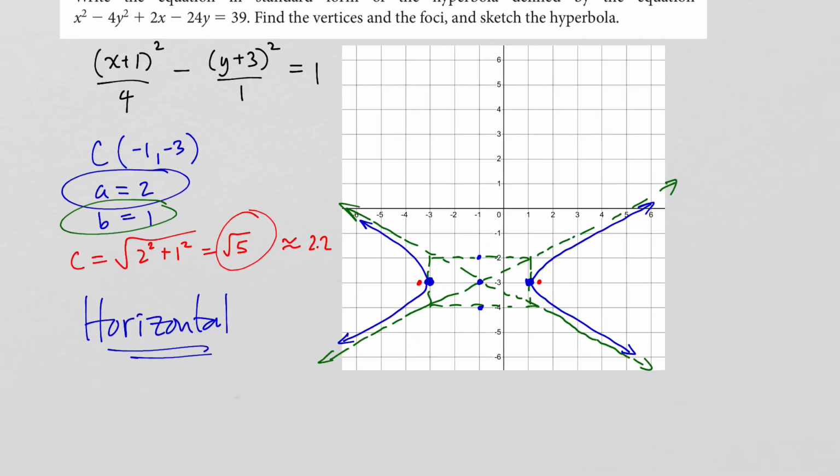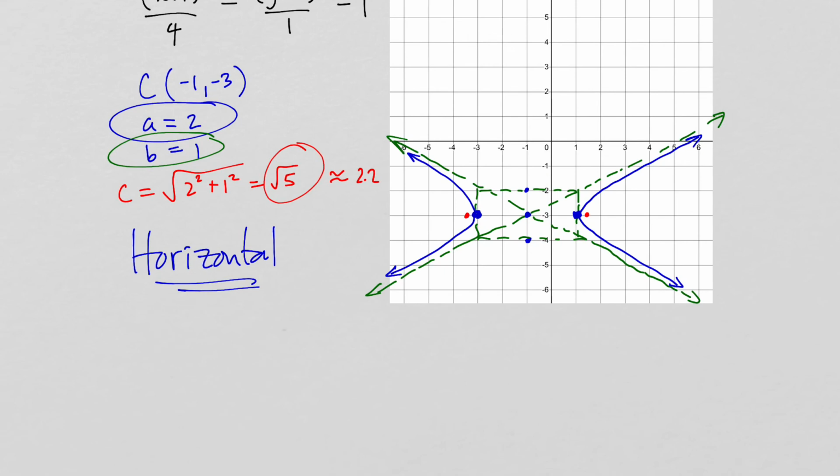Now, when you have to give the coordinates for those in your homework, you need to be kind of careful, right? So the vertices are pretty simple. So if I call this vertex 1 and vertex 2, we can see that vertex 1 has coordinates -3, -3. And we can see vertex 2 has coordinates +1, -3.